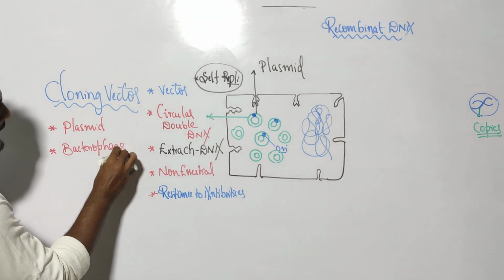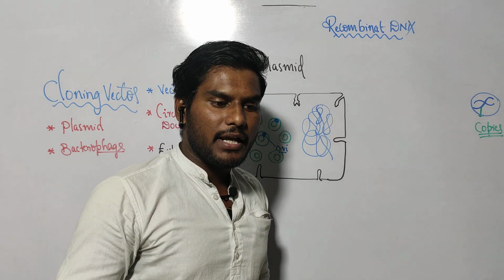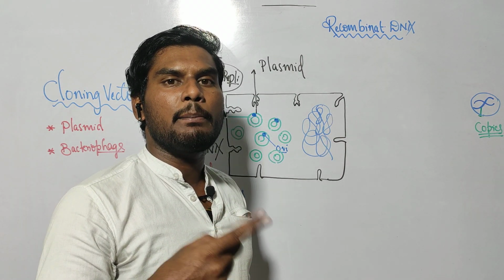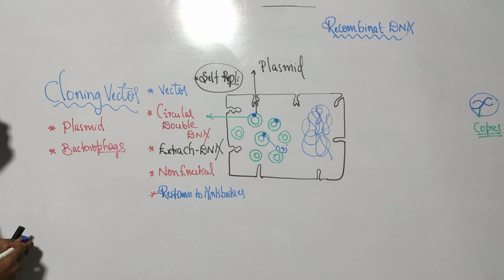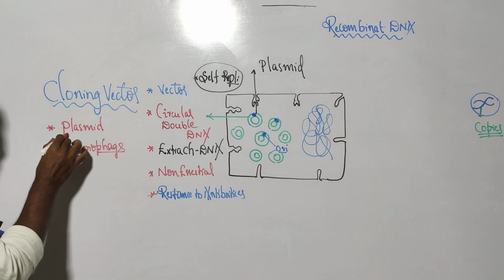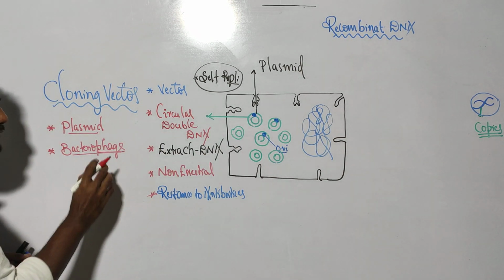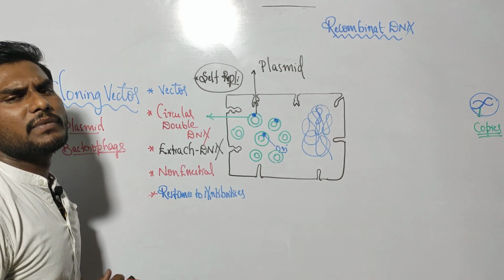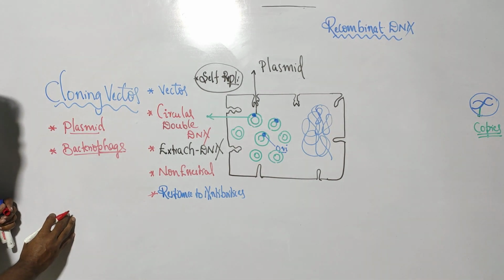You know very well, bacteriophage is a virus. That virus, inside the bacterial cell, can double. It can replicate. The most commonly used cloning vectors are plasmids and bacteriophages. Plasmids are present in bacteria and bacteriophage is nothing but a virus. Now we remember some plasmids.